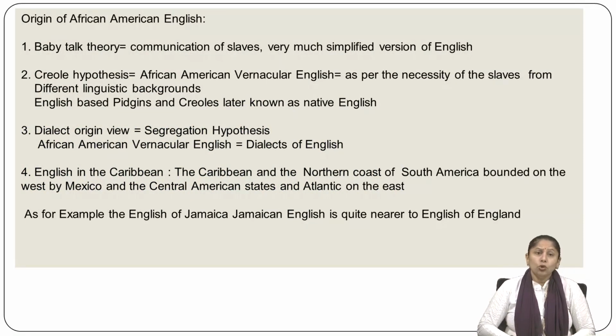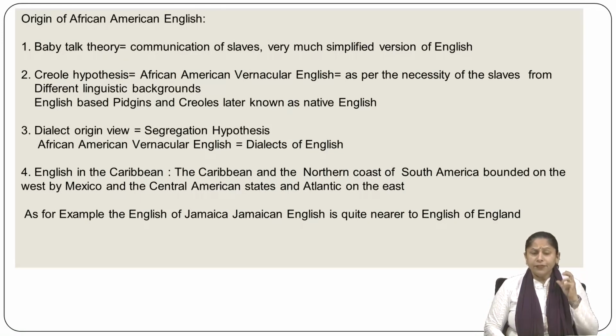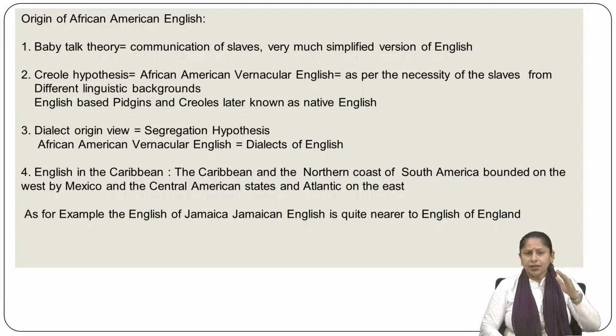Now look again, origin of African American English. There are 4 kinds of categories, 4 features, 4 characteristics, 4 different perspectives that show us that African American English is quite different from other Englishes.